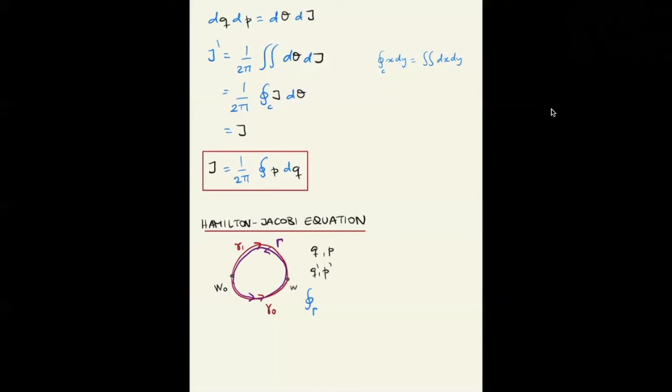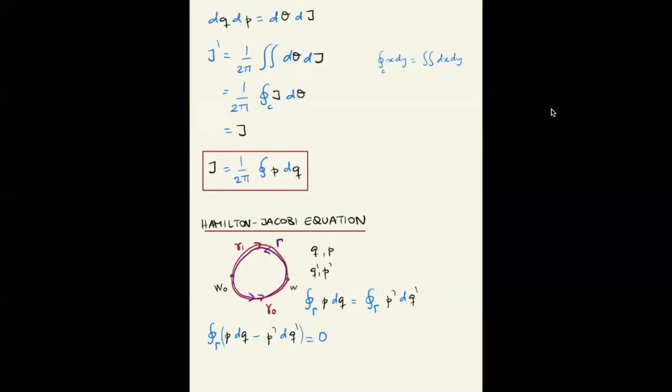Then the closed path integral of p dq is equal to the closed path integral of p prime dq prime. That means that we can subtract the right-hand side from both sides and write it as a single integral. The closed path integral of p dq minus p prime dq prime is equal to 0.